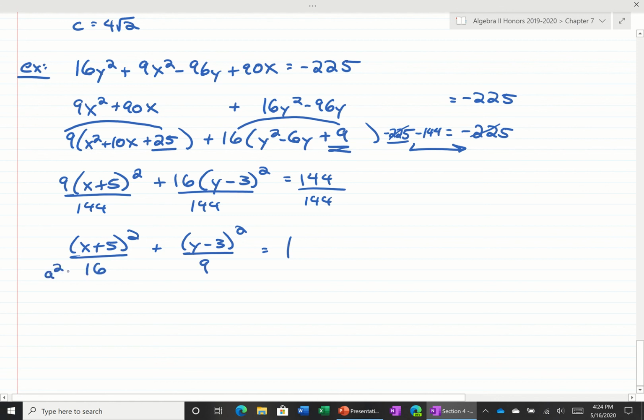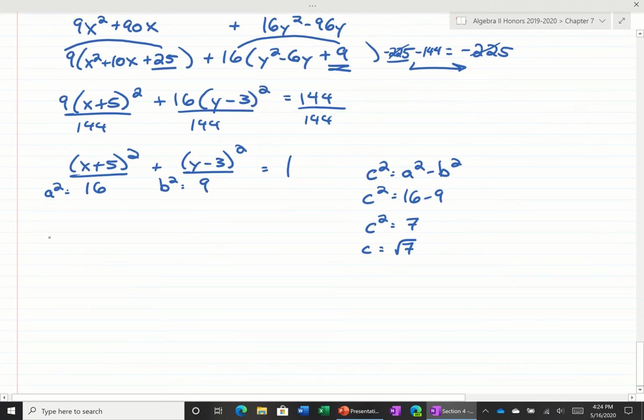The bigger number is a squared. So let's see here. We're going to have to find the foci, which would be a squared minus b squared. So c squared would be 16 minus 9. So c would be the square root of 7.